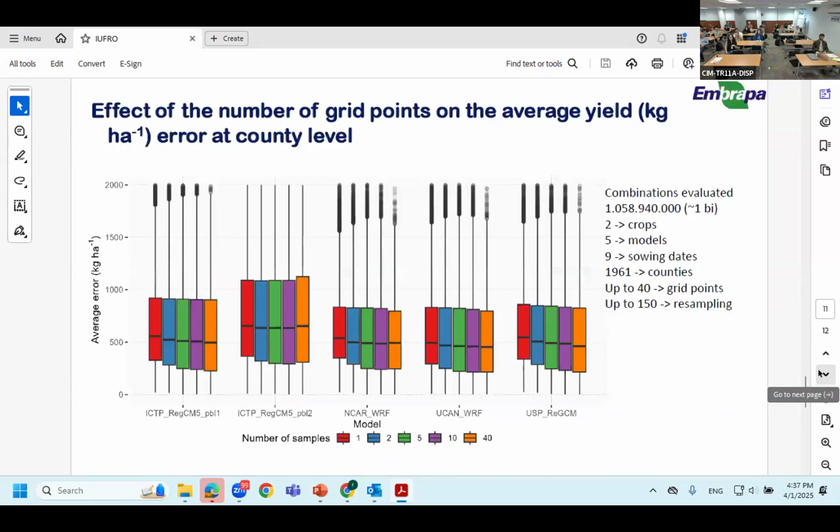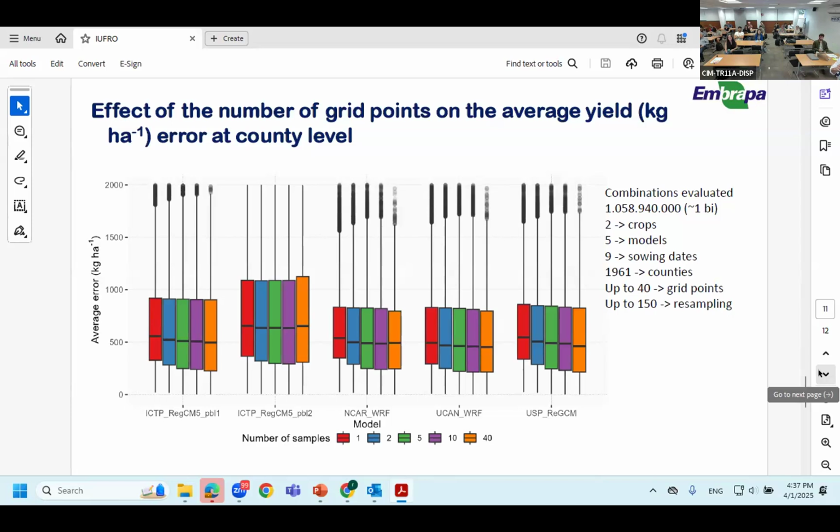So another analysis that we did, Monique, who was here, did this analysis. Basically, we have many grid points, right? It's 4 kilometers and many simulations. So we tried to evaluate, okay, if I just pick up 1 point, 2 points, 5, 10, 14 points, does this make any difference in the evaluation of the deviation of the models?